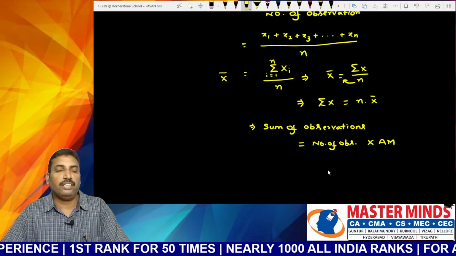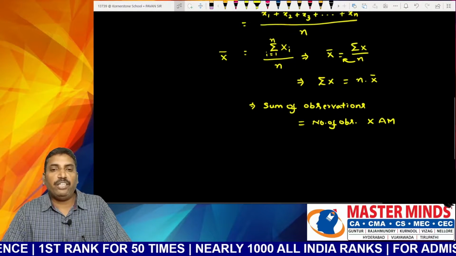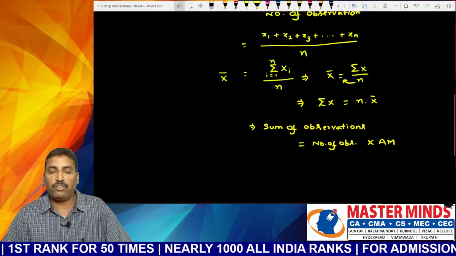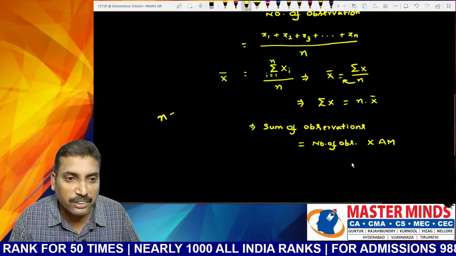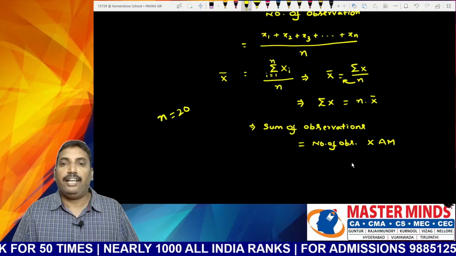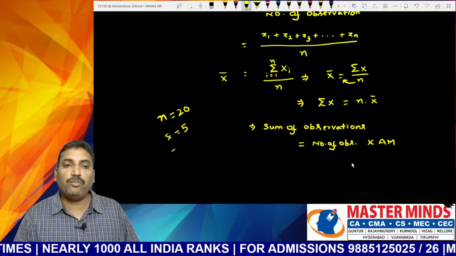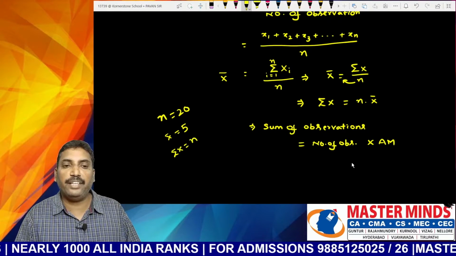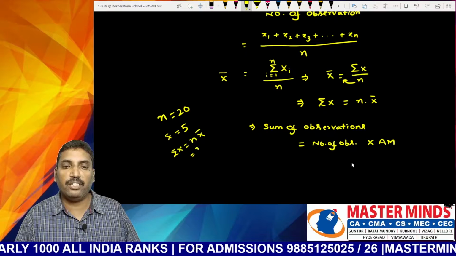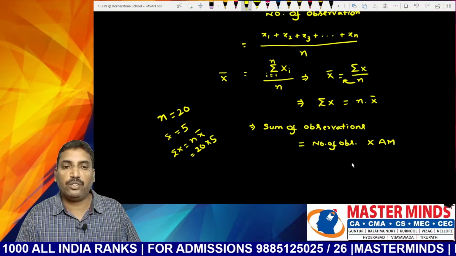What does that mean? Suppose I have 20 observations, so n equals 20, and let their mean x bar be equal to 5. Now the sum of the observations is n into x bar, that is 20 into 5, which is 100.